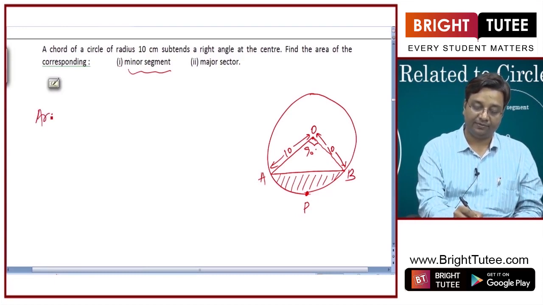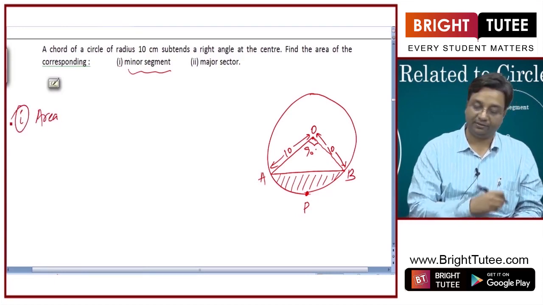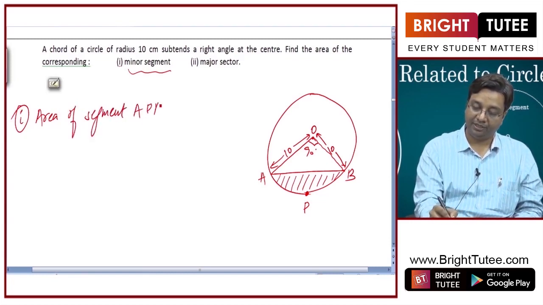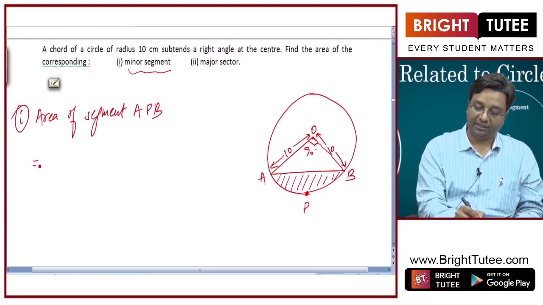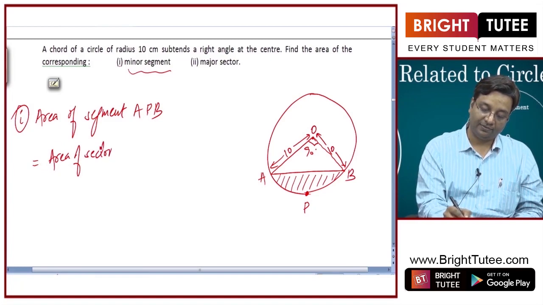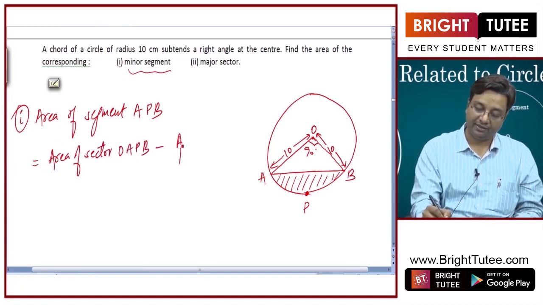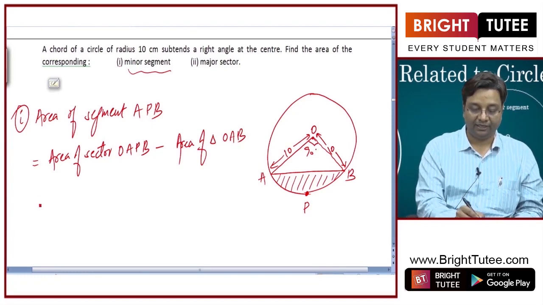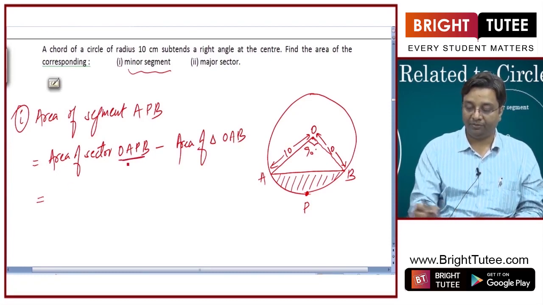So first subpart, area of segment APB is equal to area of sector OAPB minus area of triangle OAB, right? What is area of sector OAPB?